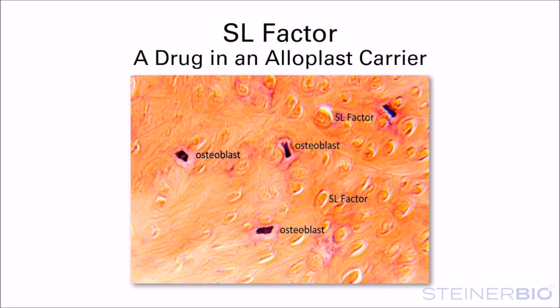The vacuoles that you see scattered about, those are our SL factor or our drug, and you can see that osteoblasts are crawling around through this bone graft material and binding to these vacuoles and absorbing SL factor. From this point on, these osteoblasts are stimulated, and then they go about the process of rapid mineralization and rapid bone formation. And so this is what happens when you put our bone graft material in an extraction socket.